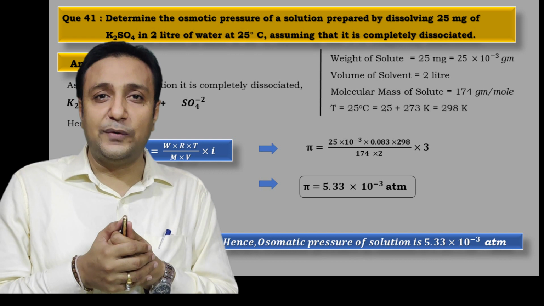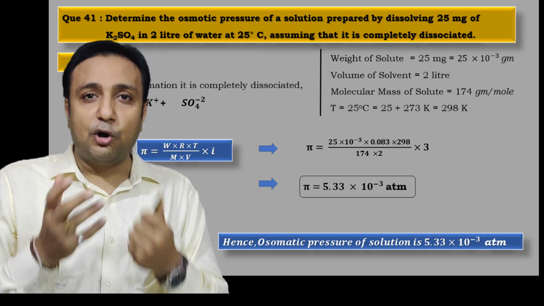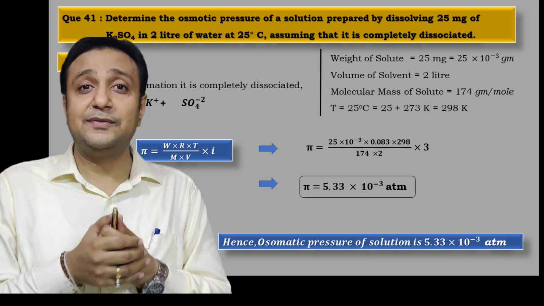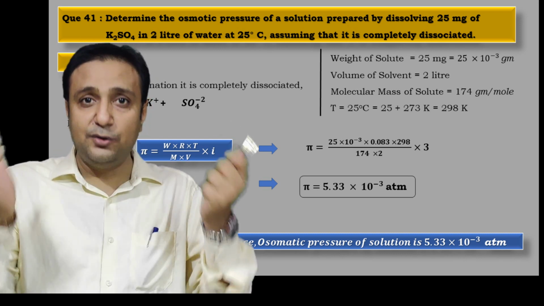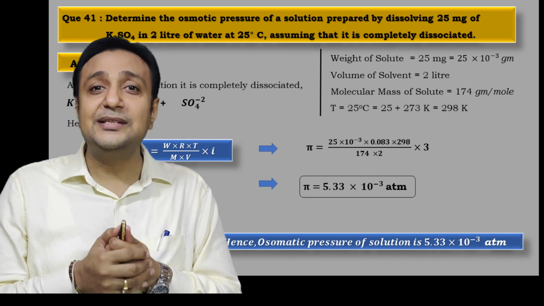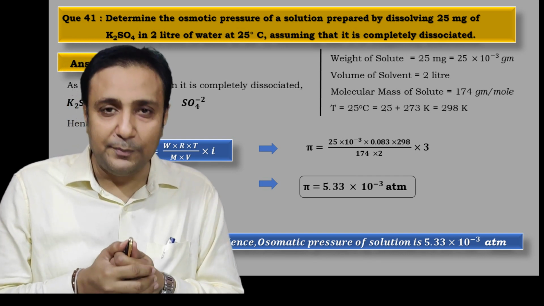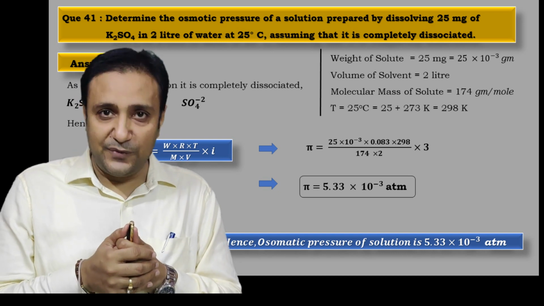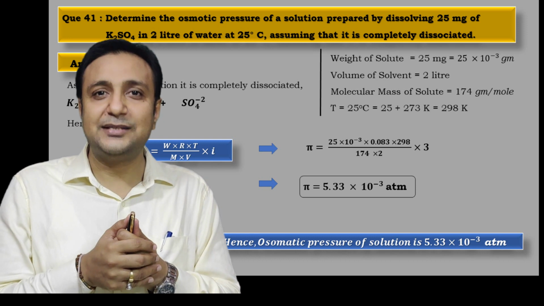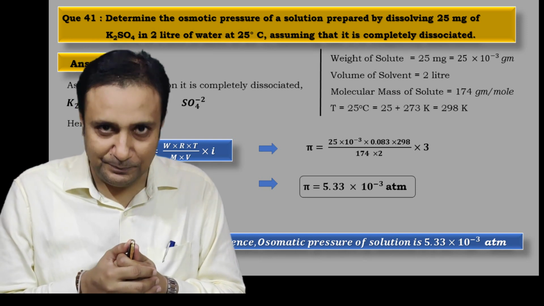Then volume of solvent is equal to 2 liter, and molecular mass of the solute you can calculate on your own. Solute is given as K2SO4. Put the value of atomic mass of each and every element. After that, you will get its value 174 gram per mole. Temperature is given, that is 25 degrees Celsius, and by adding 273 you will get its value 298 Kelvin.